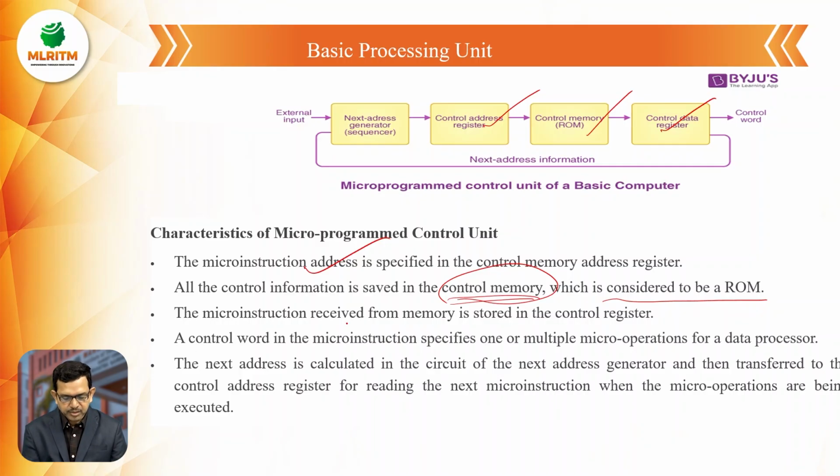Next, the micro instructions received from the memory are stored in the control register. The control register stores all the micro instructions which are received. Once they are received, signals are generated to transfer the information from the control memory to the execution, or processing, of the instructions.